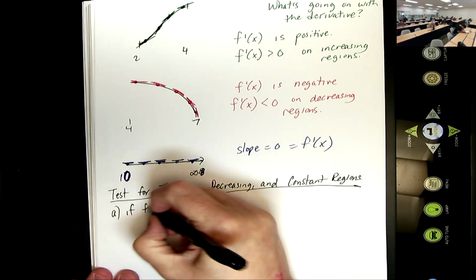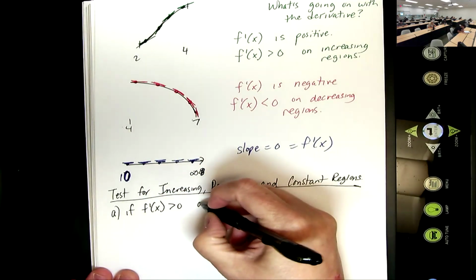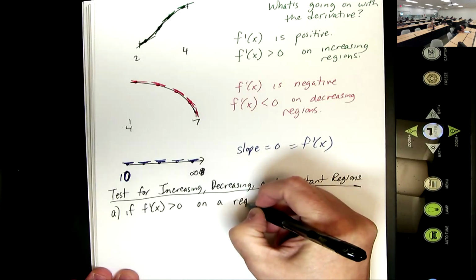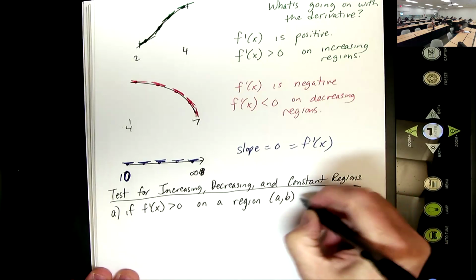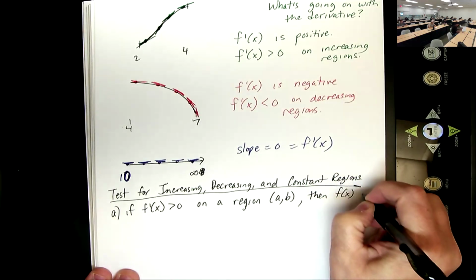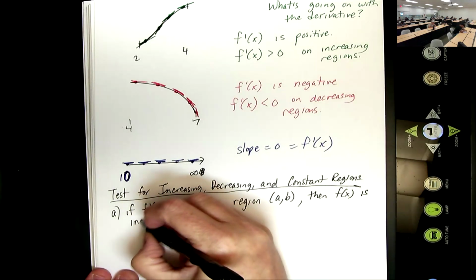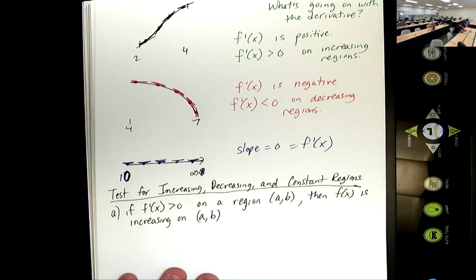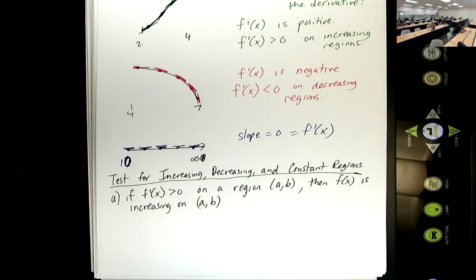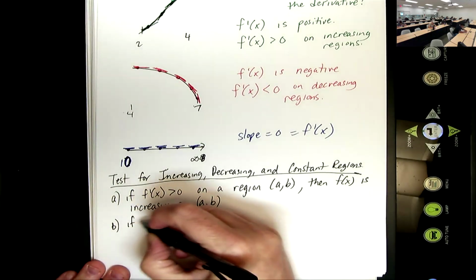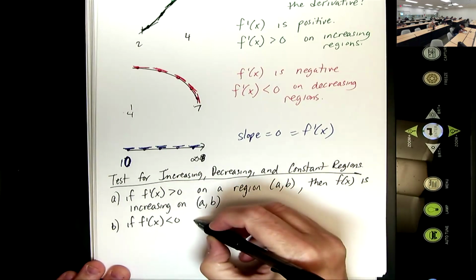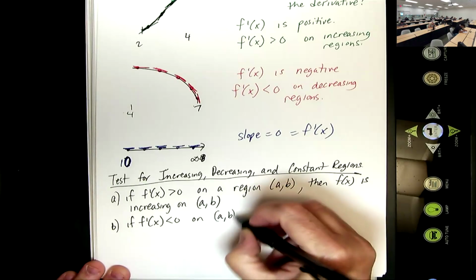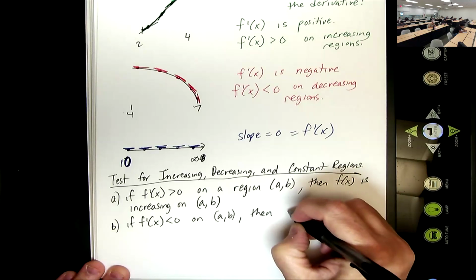If f prime of x is greater than 0 on a region A to B, then f of x is increasing on A to B. And likewise, if it's less than 0 on AB, then f of x is decreasing on AB.